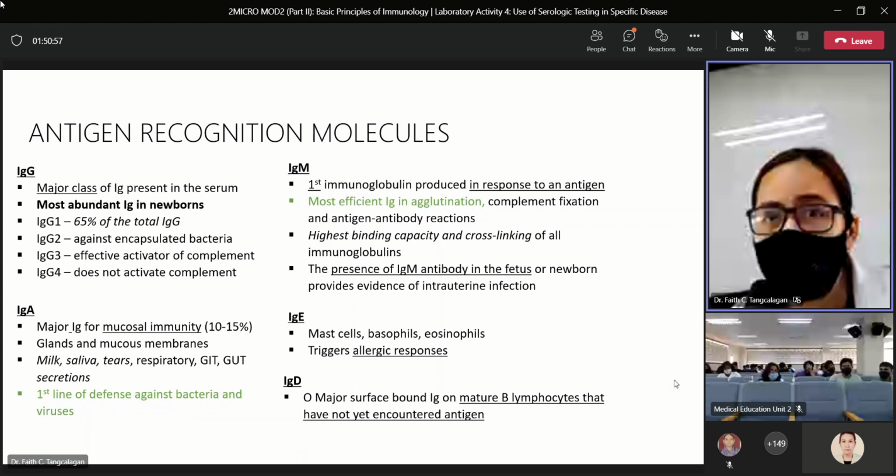Another immunoglobulin, IgE and IgD, actually do not cause any significant details, but the most important thing that we need to know about your IgE is that it is found in your mast cells, basophils and eosinophils, and it triggers allergic responses of immediate type, like anaphylactic shock.